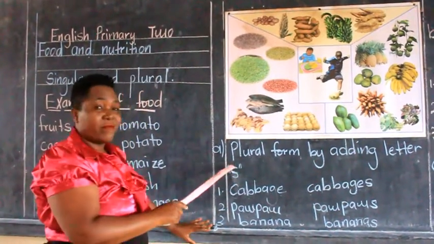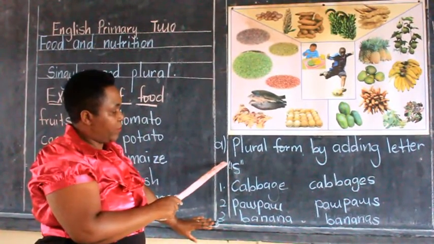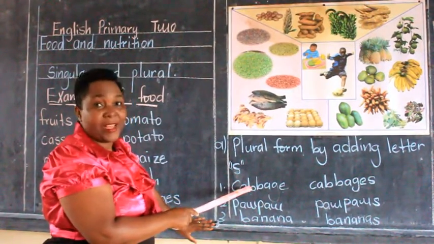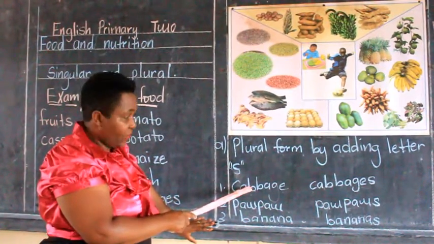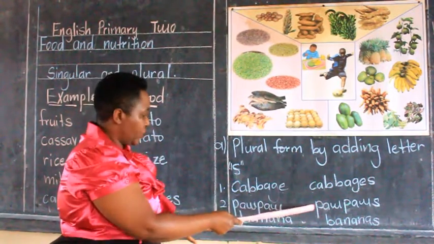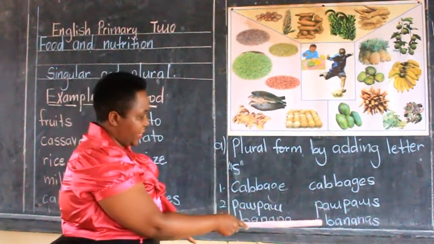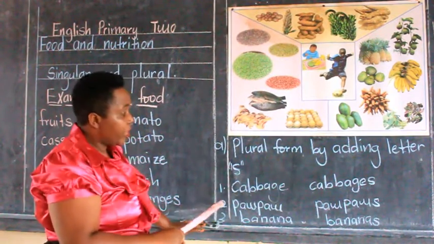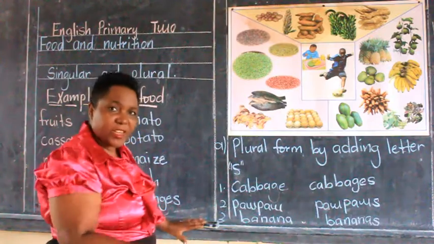The first way is by adding letter S. Cabbage, cabbages. Pawpaw, pawpaws. Banana, bananas. Fruit, fruits. Orange, oranges. And many others.